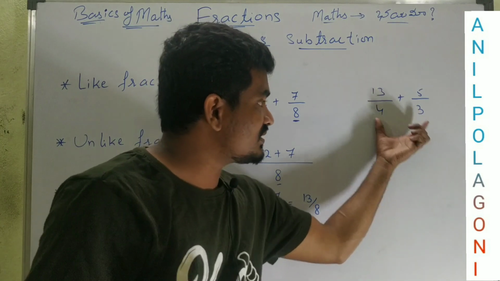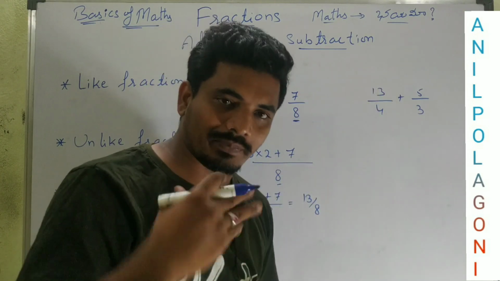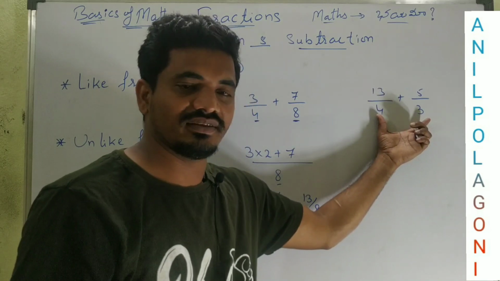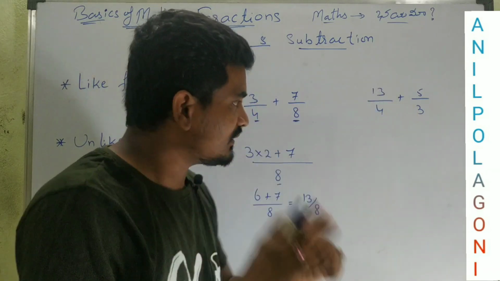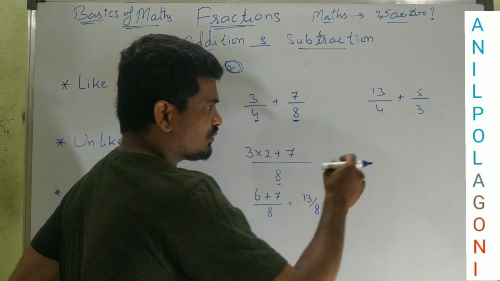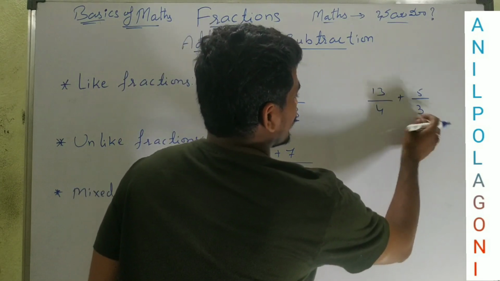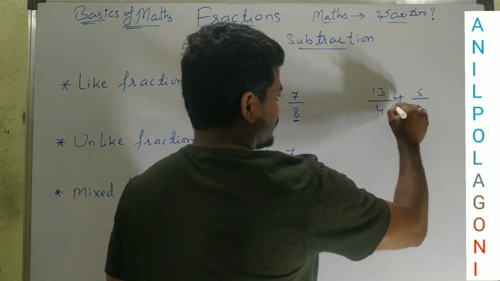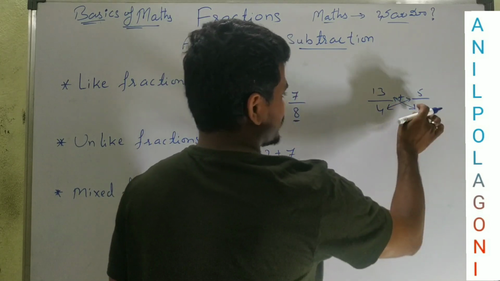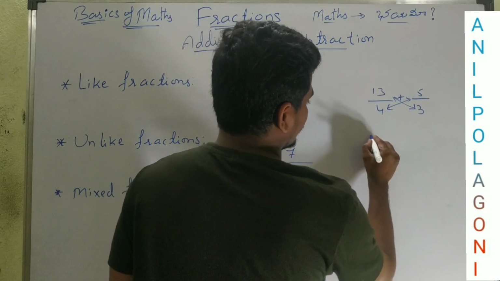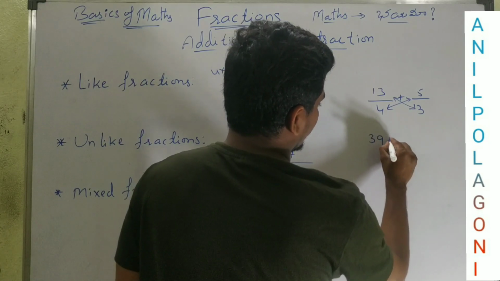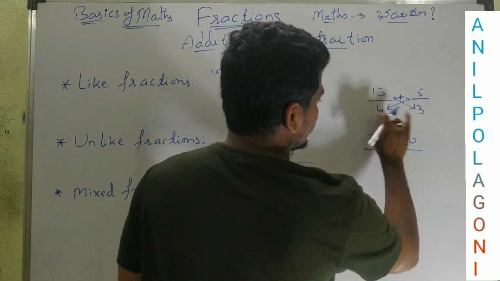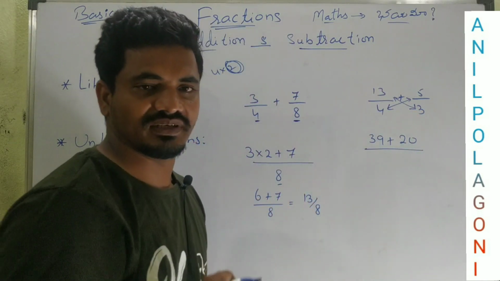If both denominators are co-primes, then what we have to do is just cross multiplication: 3 into 13, 3 13s are 39, plus 4 5s are 20, and do the multiplication of denominators.